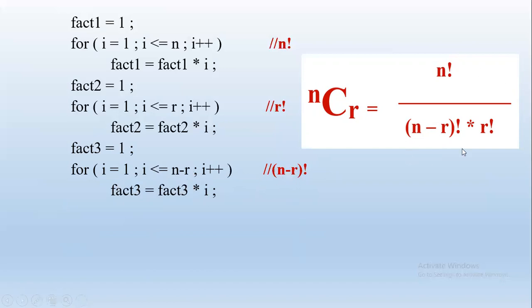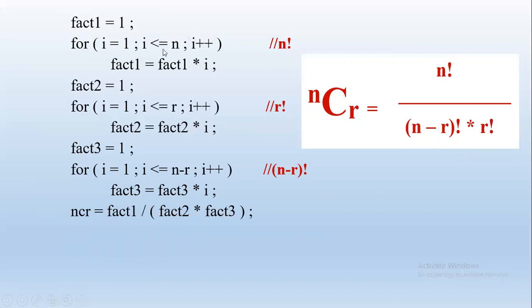So once we get all these 3 values, next step is simply to substitute. nCr is fact1 divided by fact2 into fact3. So here we may write r factorial into (n minus r) factorial. So both are same, right? So here we have the nCr value.